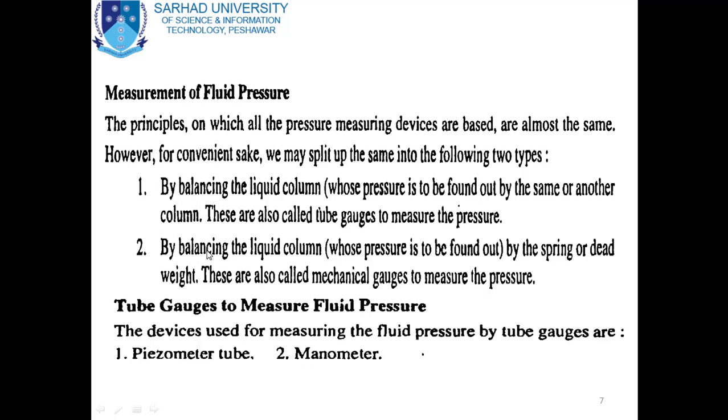The second is by balancing the liquid column, whose pressure is to be found out, by the spring or dead weight. These are also called mechanical gauges, and for that spring or dead weights are used to find the pressure.